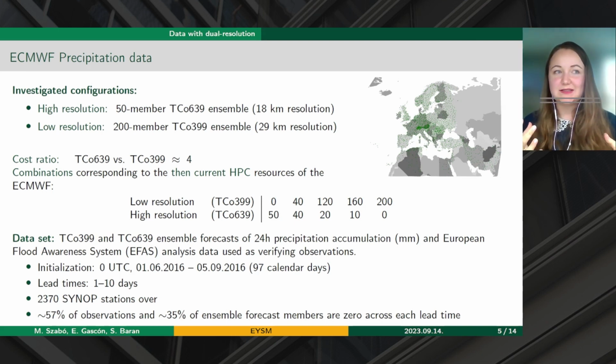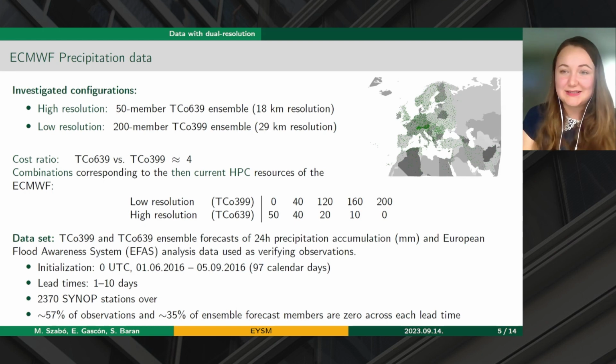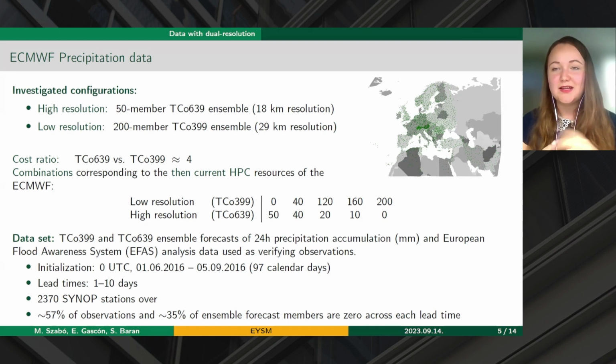So as I said, even though they want to have this 5 kilometer grid resolution established, they did not, or at least they did not have that at the time. And so what we and the other researchers were able to test all of this theory on was just 18 kilometers set as our high resolution and 29 kilometers set as our low resolution ensemble members.